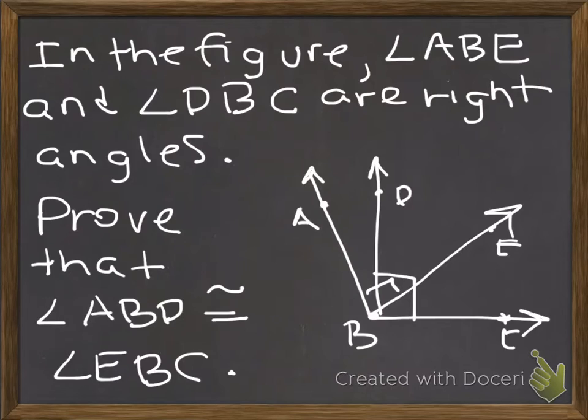And then our next example, it says, in the figure, angle ABE and angle DBC are right angles. Prove that angle ABD is congruent to EBC. So we're going to do a proof here, and there's a few other theorems and postulates that we're going to include here, so I'll talk about those as we go.